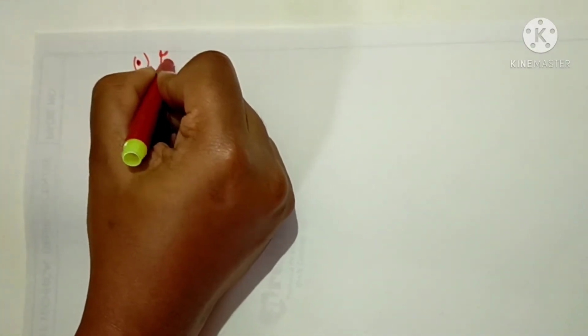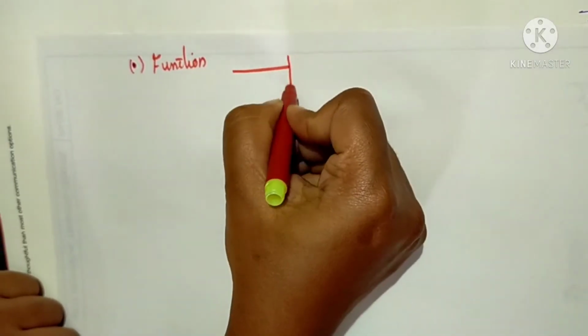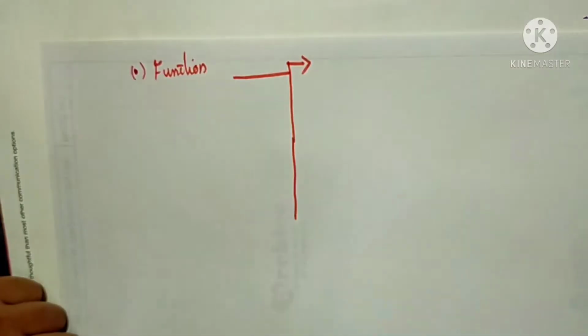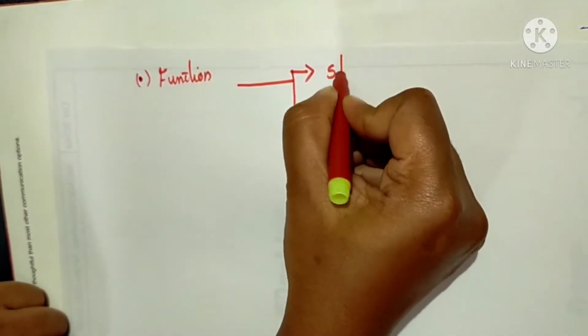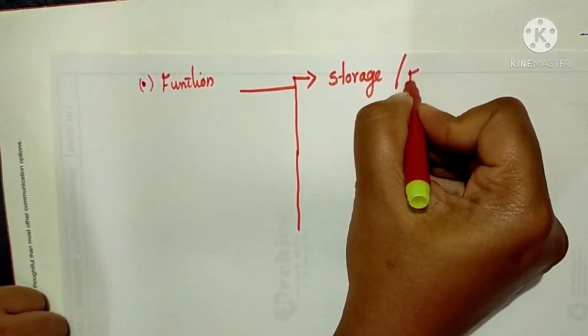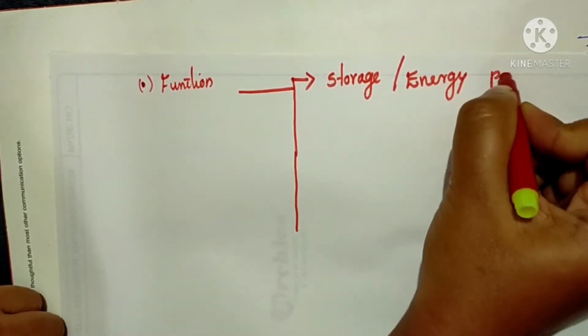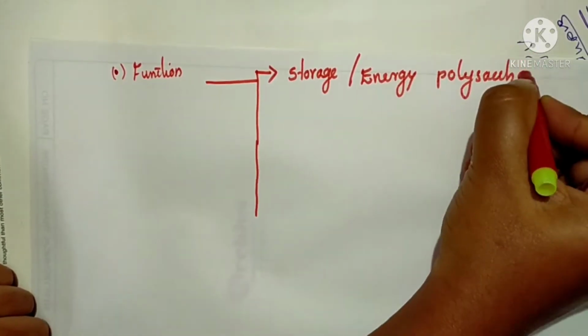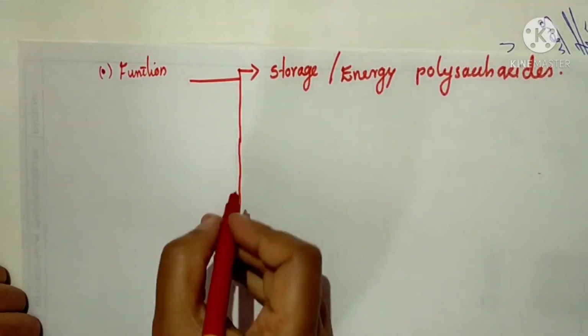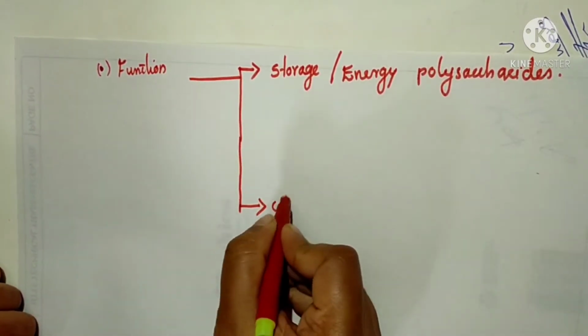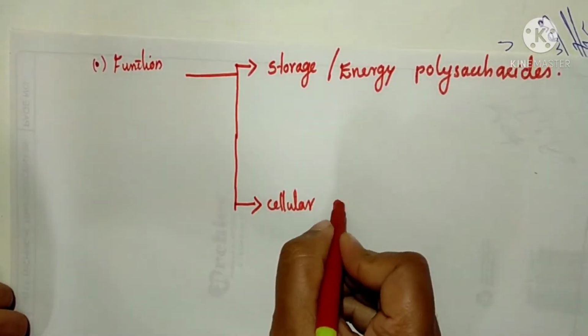Polysaccharides can also be classified based on their function. Based on their function, these polysaccharides are classified into storage polysaccharides or energy polysaccharides. The second category is cellular polysaccharides.